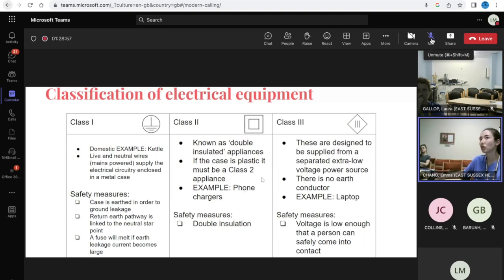There's no earthing involved in this one, so it's not necessary to be earthed because it's doubly insulated with a special material. And then finally, class 3: these are items that are designed to be supplied by an extra low voltage power source, for example laptops. There is again no earth conductor, but the voltage should be low enough that if a person comes into contact with it, it shouldn't actually cause electrocution.